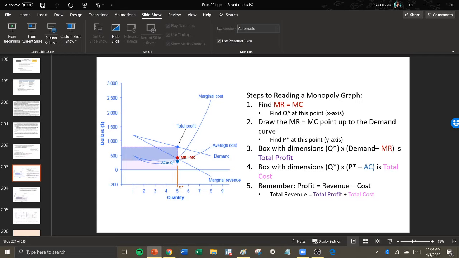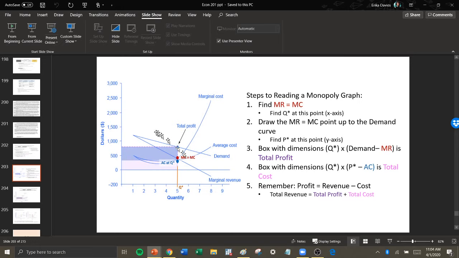So here we have a monopoly graph. And next to it, we have the steps to reading it. So first, we find the point where our marginal revenue equals our marginal cost. Here it is. Okay, so this is our old friend, the marginal cost curve. Slopes downward at first and then slopes upward. We all know what that looks like. And then our marginal revenue is right here.